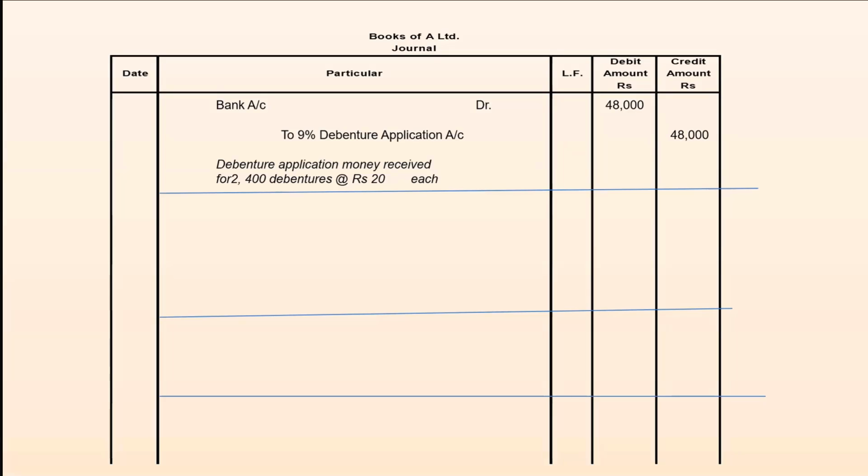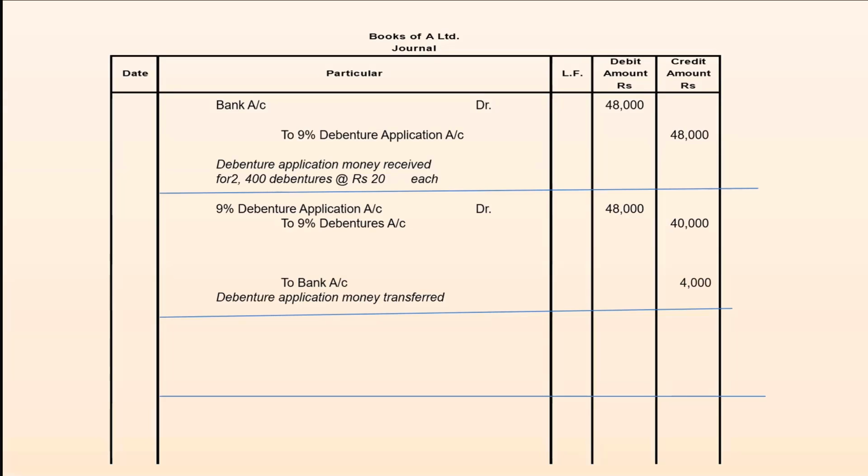The next event is the immediate closure of the temporary account by transfer to appropriate accounts, as we will now see. The primary transfer will be to the debenture account. The other obvious transfer will be to the bank to refund the excess application money of that set of applications that were fully rejected.